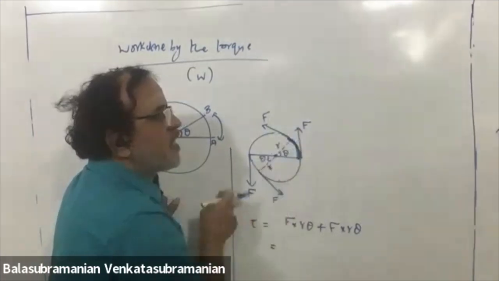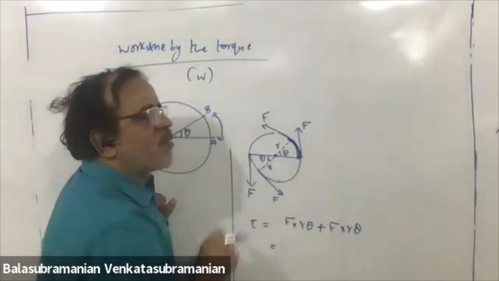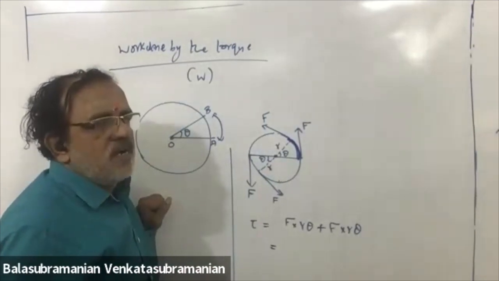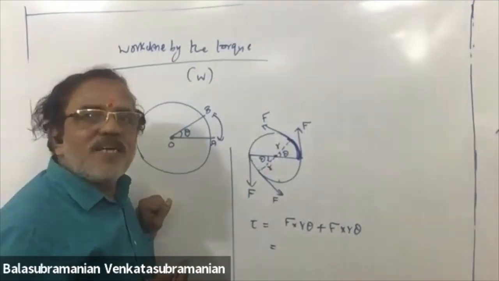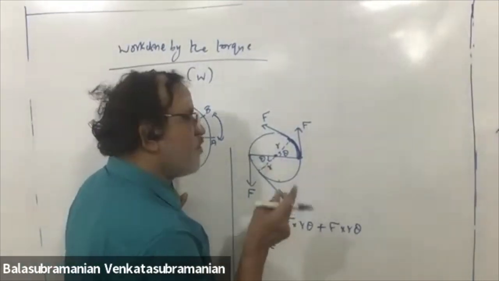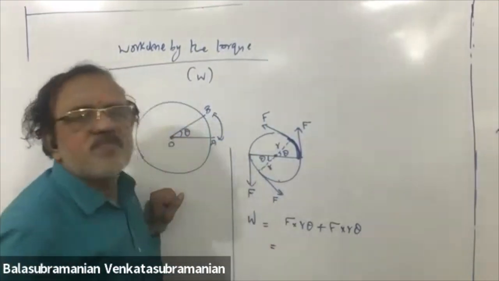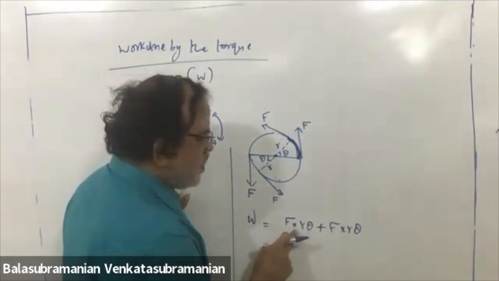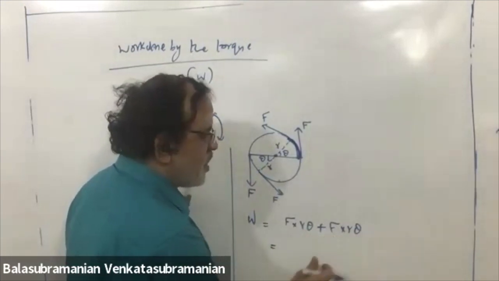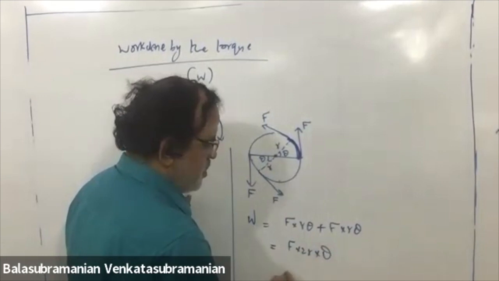Generally, force into perpendicular distance means torque, but with a rotating force, we want to calculate work done. We don't want torque here. Work done by the torque we have to calculate. Torque is F into 2R, but work done is F into R theta plus F into R theta, which is F into 2R into theta.